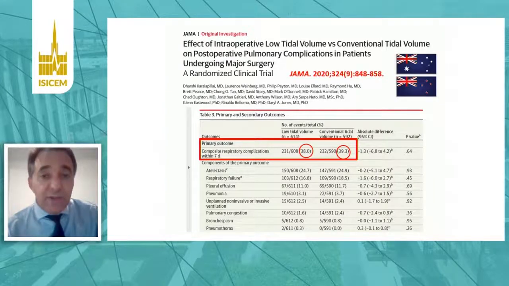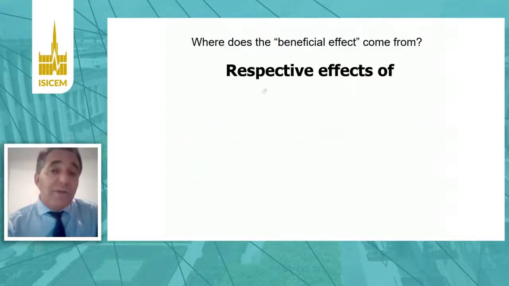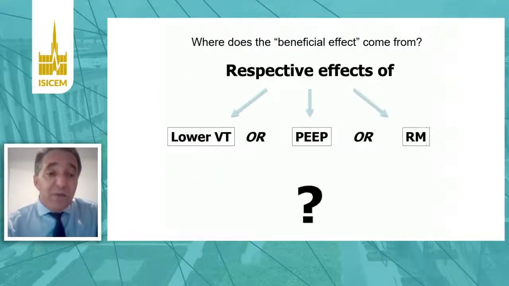Again, no significant difference. So why were postoperative complications decreased only in the IMPROVE study and not in the other studies? My answer, this is my point of view, is that low tidal volume or PEEP alone are not sufficient. Where does the benefit come from? Is it lower tidal volume, PEEP, or recruitment maneuver?